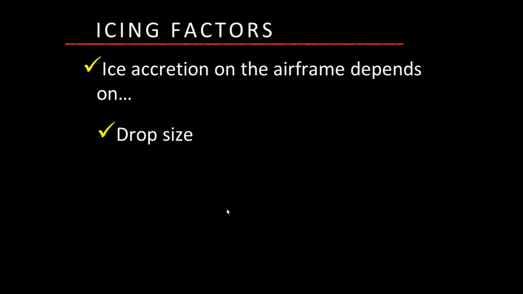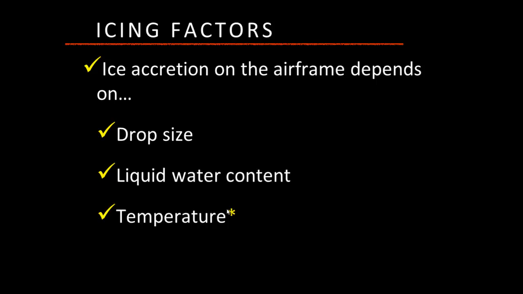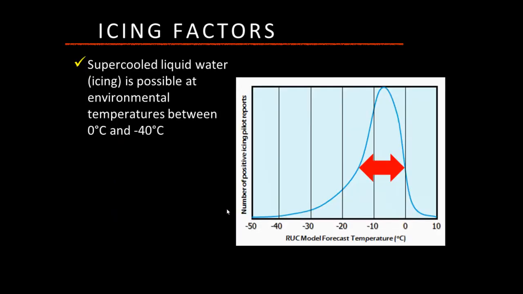It depends on drop size, liquid water content, and we're only going to be able to talk about one of those, and that is temperature. So those 3 are responsible for the icing airframe characteristics. So icing factors, in terms of temperatures, are such that we can have supercooled liquid water at temperatures from 0 degrees Celsius all the way down to -40.